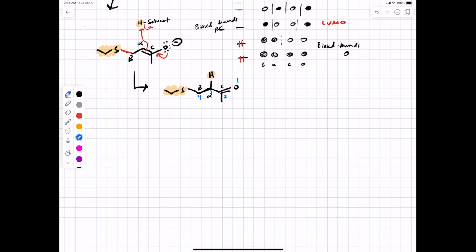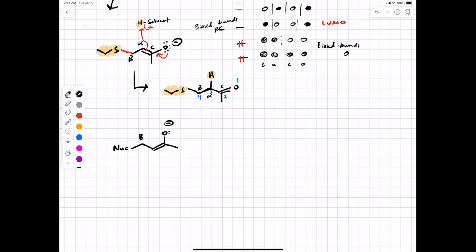I'm going to draw the general intermediate where the nucleophile has made a new bond to the beta carbon. And you end up with this enolate intermediate.